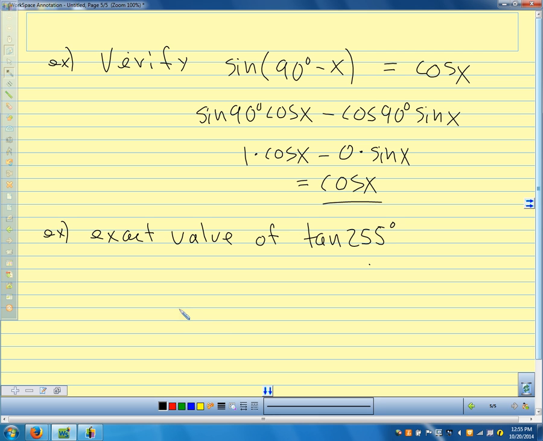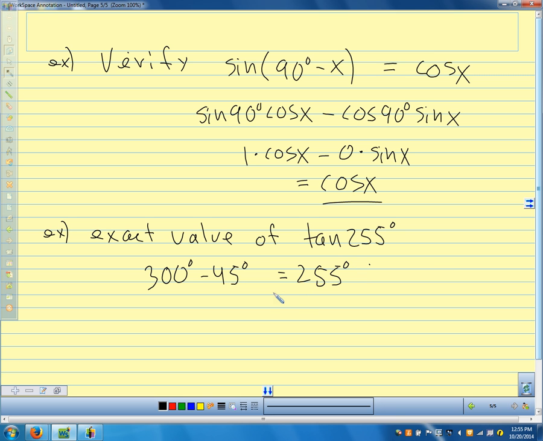Again, we want two unit circle angles that add or subtract to give us 255 degrees. The first ones I thought of were 300 degrees minus 45 degrees. There are other pairs that work also. All of them will lead you to the same answer. These are just the first two that I thought of.